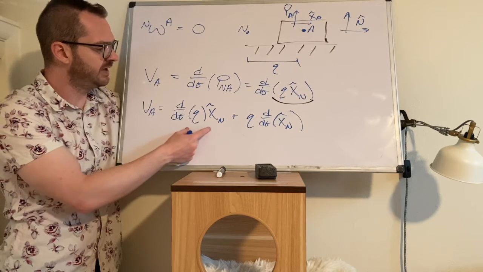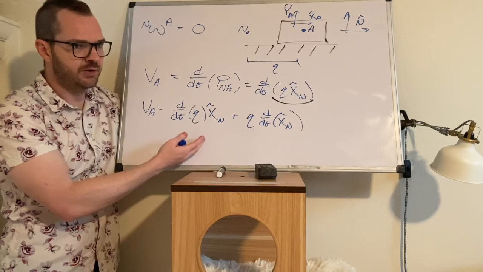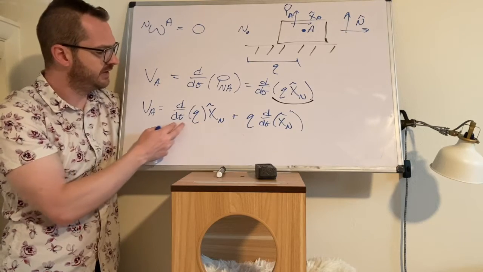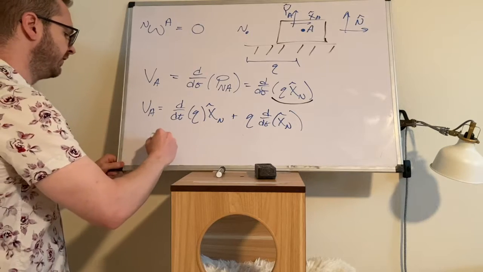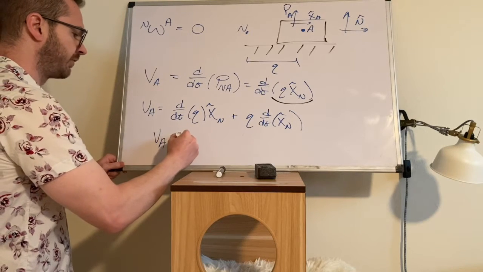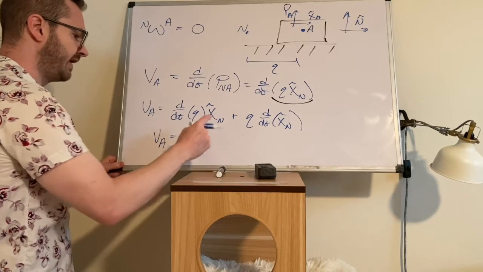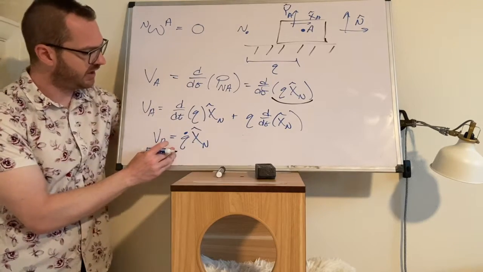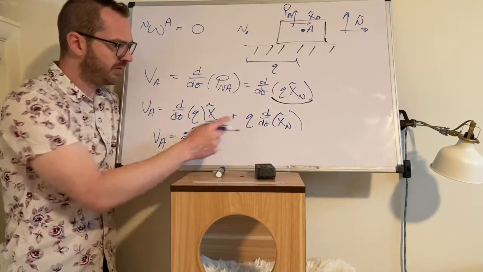So what is d/dt of Q? Well, it's literally d/dt of Q, right? If Q is a position, then d/dt of Q is speed. And what we're going to use is dot notation. So I'm going to write this as Q dot X hat N. And the dot literally means d/dt. Next, what's going to happen on this part of the problem?